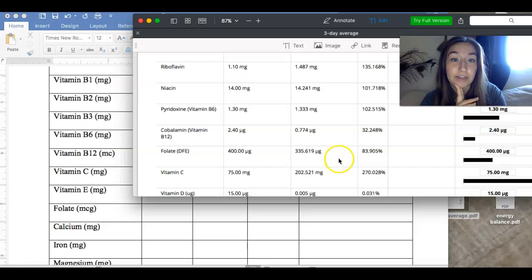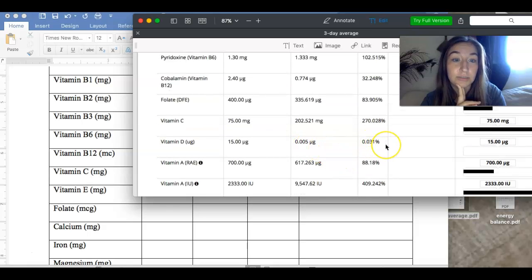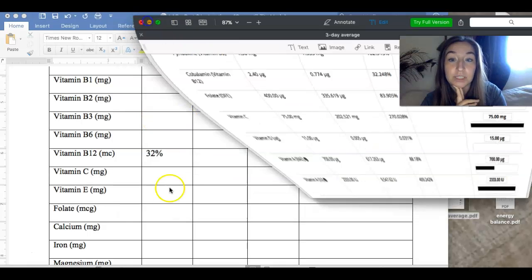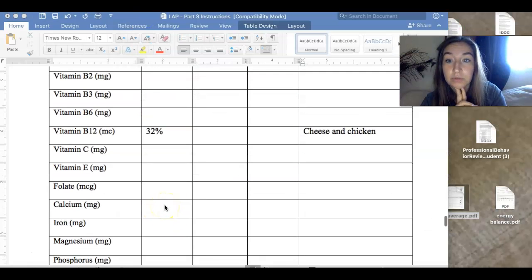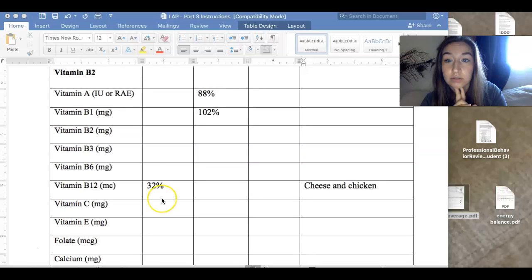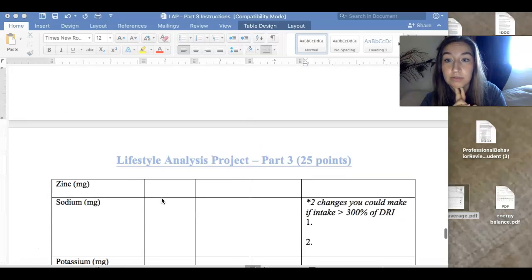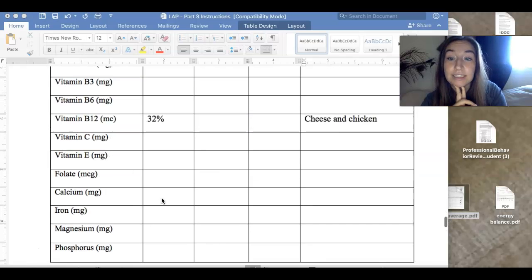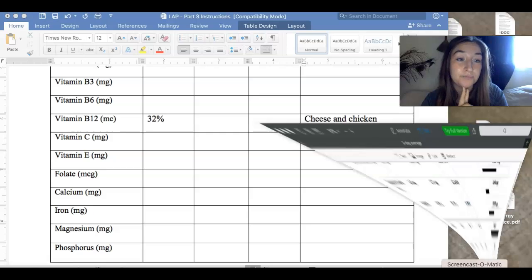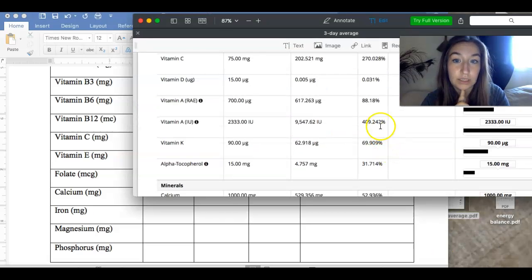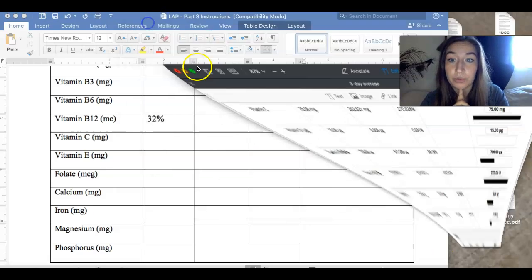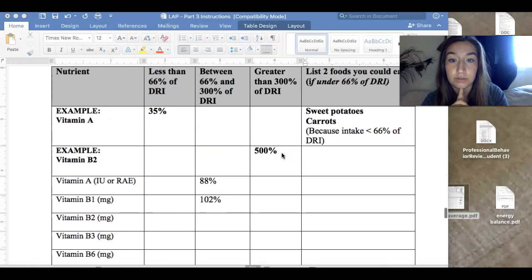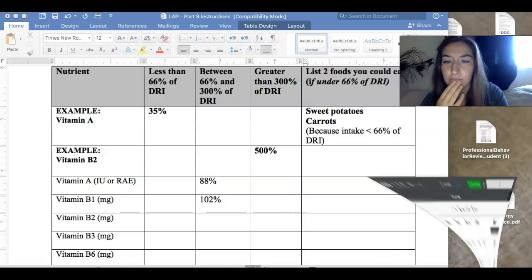Let's see if there are any others that are below. Yeah, so my vitamin D was way below. I don't even see vitamin D on here. All right, whatever. Vitamin D is not on here. Vitamin A, I'm well over, so that's a good example.